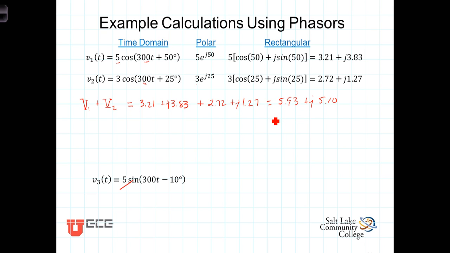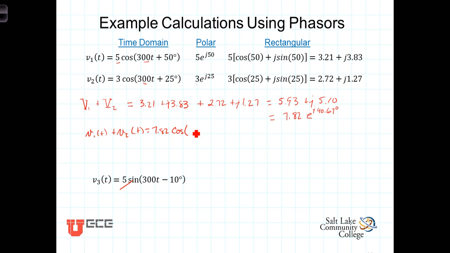So in polar coordinates, this is then equal to 7.82 e to the j40.67 degrees. And I'd suggest that you stop the video now and make that conversion from the rectangular coordinates back to this. Once we've got it in this form, it's very easy to write the time domain version. V1 of t plus V2 of t is equal to, the amplitude will be 7.82 times the cosine.